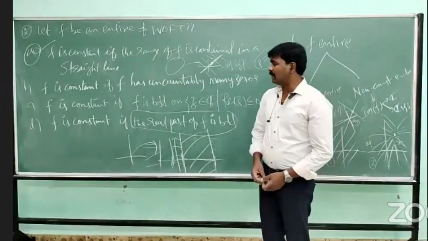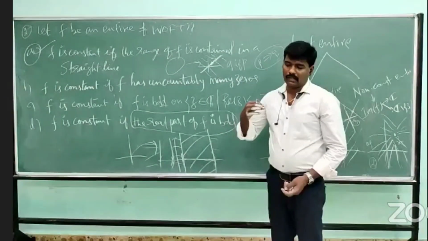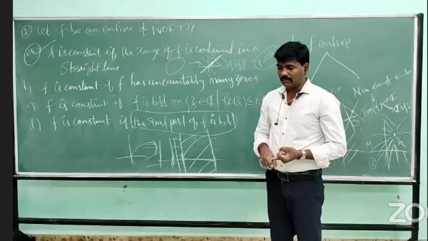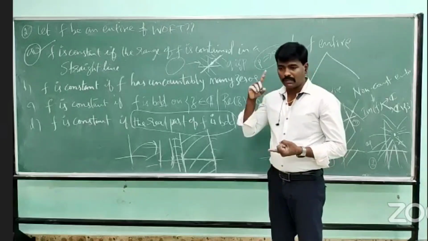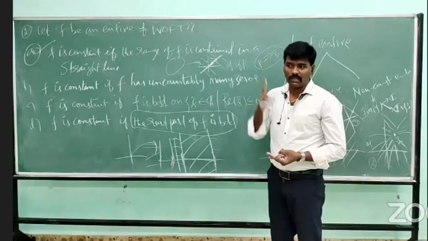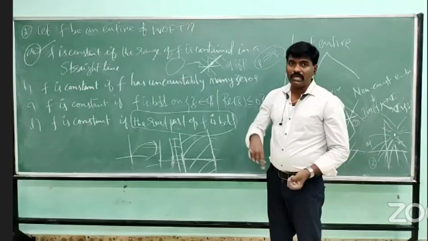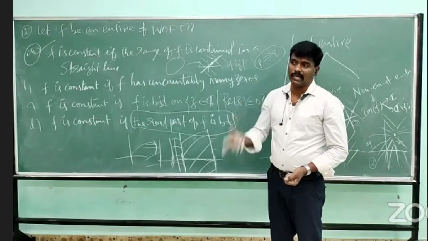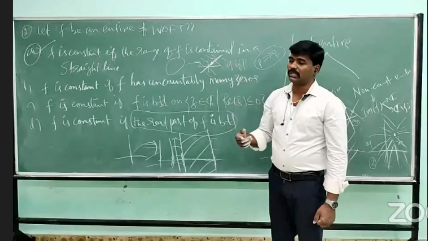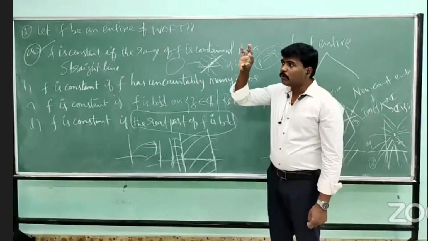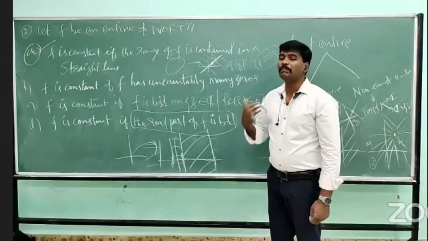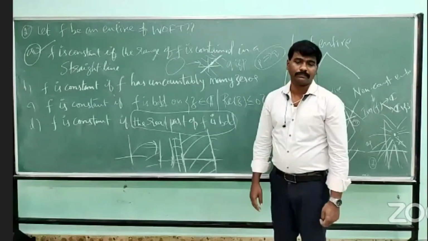Given the statement also, any entire function whose real part is bounded or constant, or whose imaginary part is bounded or constant, or whose image is lying in a line, or on some arc, or in some portion of the complex plane, all those imply f should be constant.